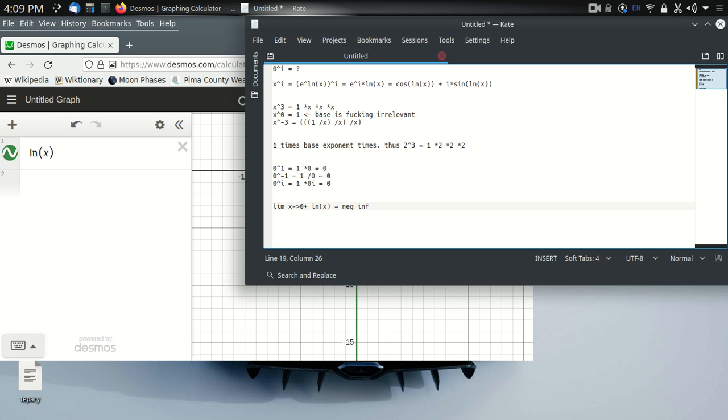So what this is doing, this is actually saying that the natural logarithm of the limit of 0 equals negative infinity. But recall, the limit of 0 is not the same as 0, right? So this is not true.